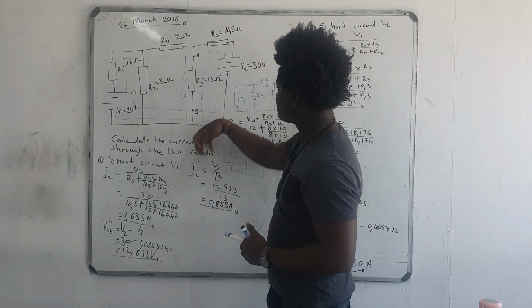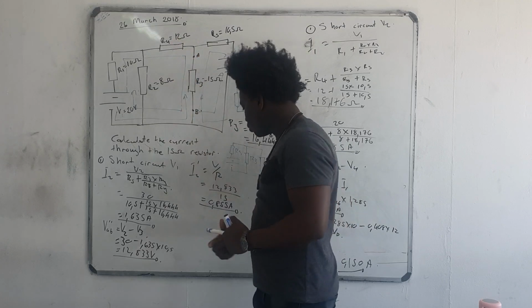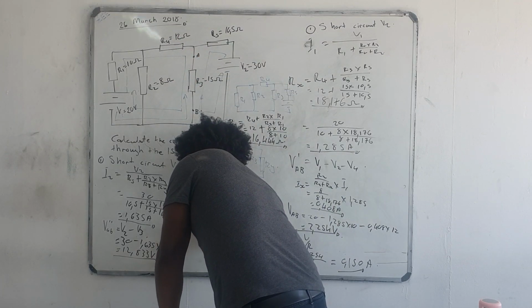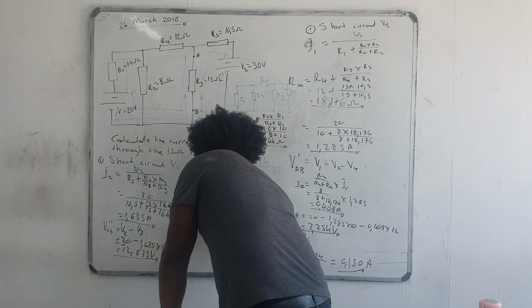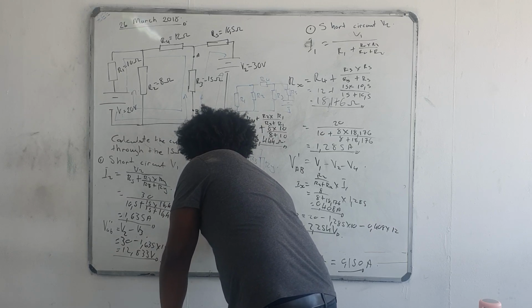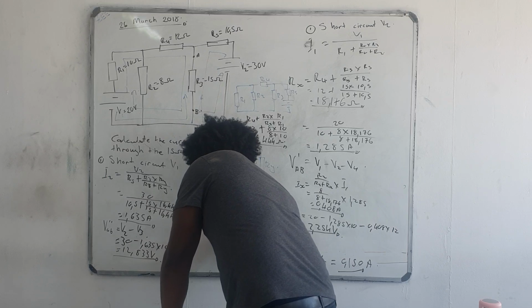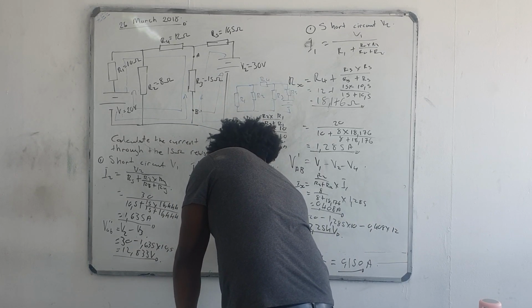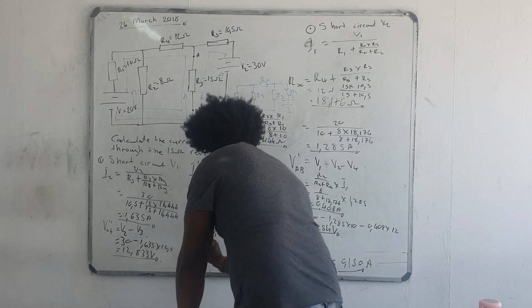But these two batteries are working together, so we're going to add them. IT is equal to I2 with a dot plus I1 with a dot, which is equal to 0,855 plus the current produced by that one, which is 0,15. What do you get your answer as?